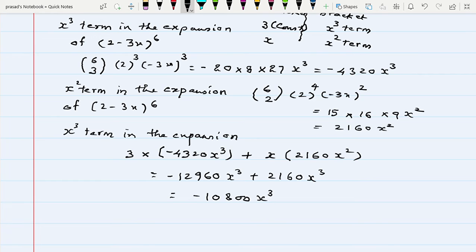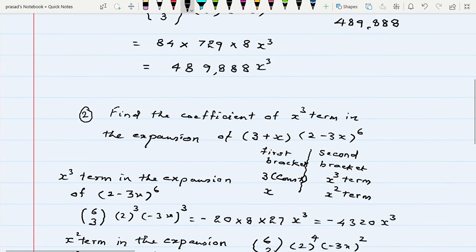Hence the coefficient of the x cube term in the total expansion will be minus 10,800.